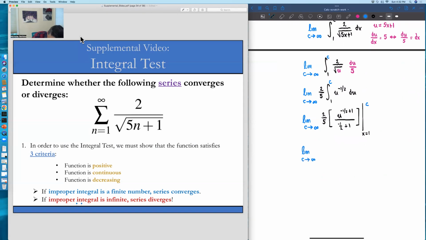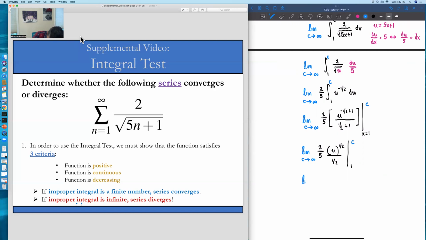So let me just rewrite the previous line, just doing a little bit of the arithmetic. So we have this is now u to the 1/2 power all over 1/2, and evaluating that from 1 to c. The next thing we can do is resubstitute in what u was.